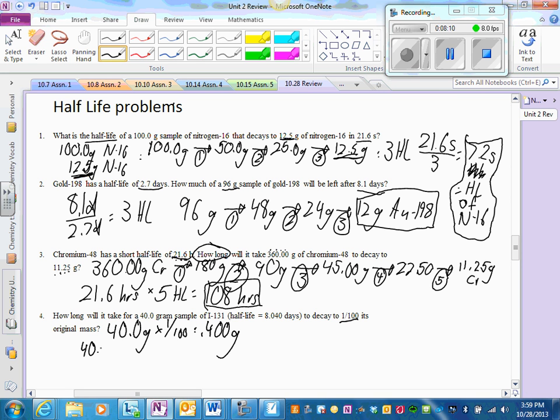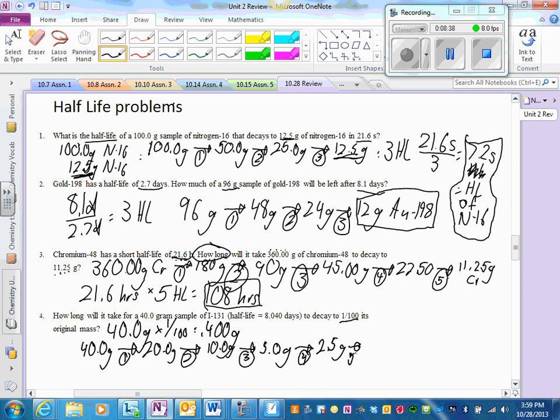If I start out with 40.0 grams, after 1 half-life, we have 20.0 grams. After 2 half-lives, we have 10.0 grams. After 3 half-lives, we have 5.0 grams. After 4 half-lives, we have 2.5 grams.